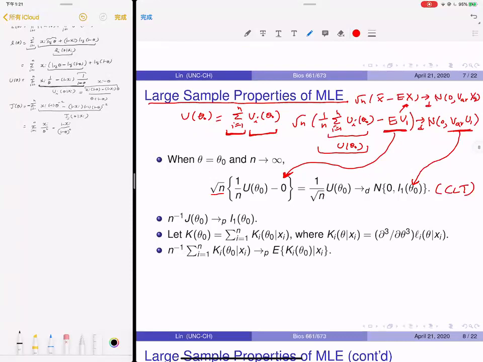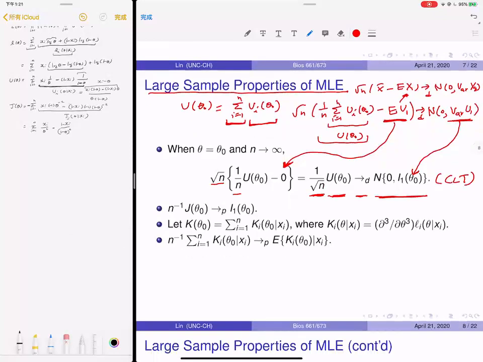Root n times 1 over n becomes 1 over square root n, and then U(theta 0) minus 0 is just 1 over square root n times U(theta 0), which goes in distribution to a normal with mean 0 and variance I1(theta 0). Nothing but the central limit theorem. That's the first result we're going to get.